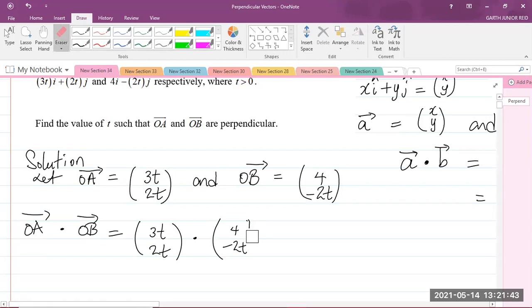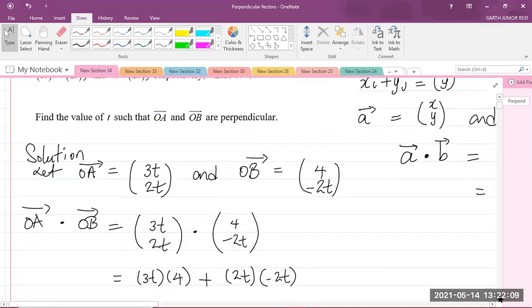Negative 2t there. So let us now compute the dot product. We're multiplying the corresponding components and then adding them up. So it's going to be 3t multiplied by 4 plus 2t multiplied by negative 2t. That is the dot product.